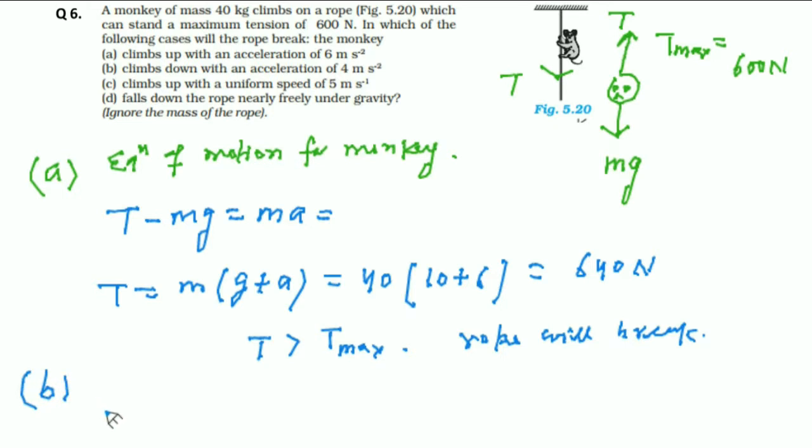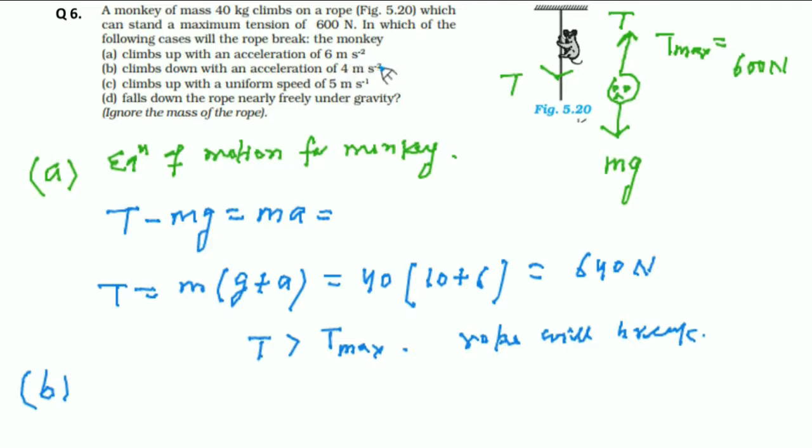So the monkey is going to climb down with acceleration 4 meter per second square. Let's see. The monkey is going down. So now which force will be greater? They have given acceleration a as 4. Here mg will be greater, because the monkey is going in the downward direction.